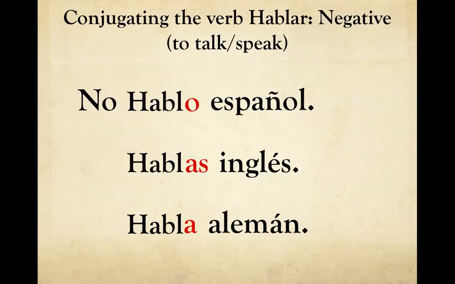So for tú, to say you don't speak English, we say no hablas inglés. Or él o ella, usted, no habla alemán. He doesn't speak German. So in order to make this idea of I don't, you don't, he doesn't, etc., all we have to do is add the no, just like we did with the verb I.